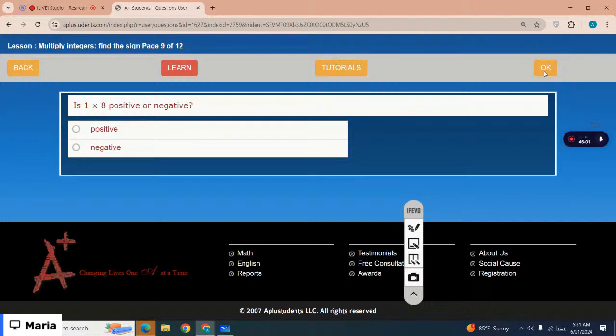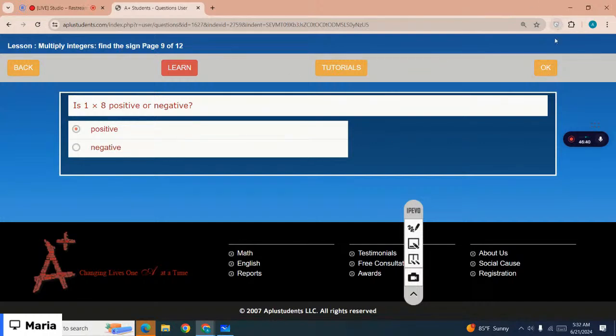Is 1 times 8 positive or negative? Positive it is.